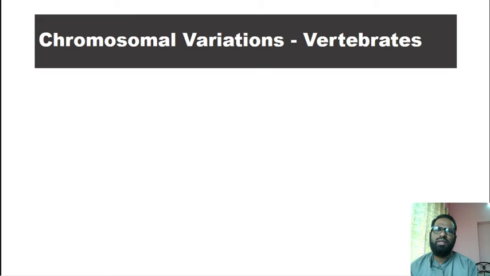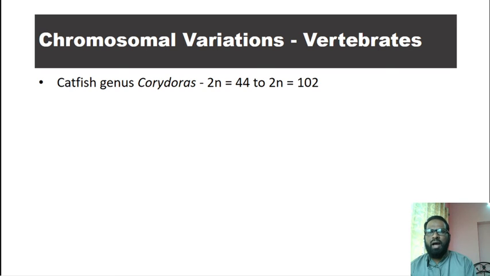Now we will discuss chromosomal variations in vertebrates. First we will discuss the vertebrates, and once we complete the chromosomal variations in vertebrates, we will go to the chromosomal variations in invertebrates. We will take some examples which show certain kinds of deviations.